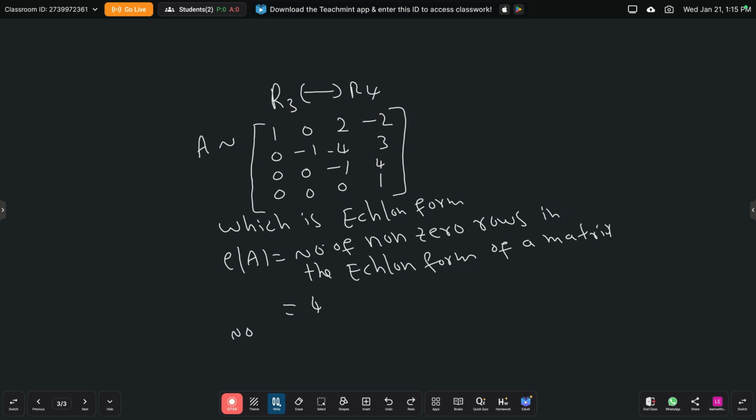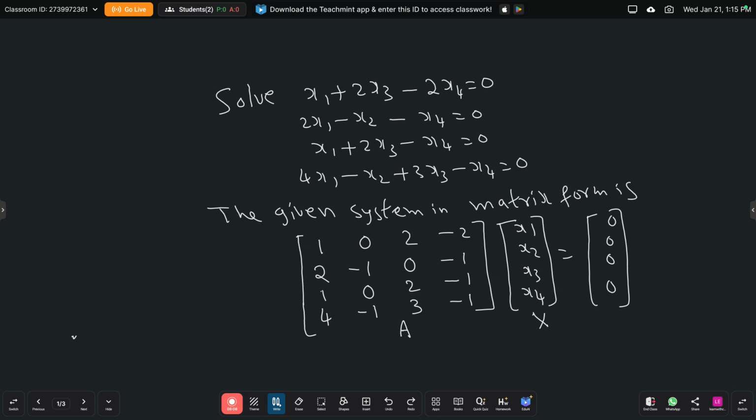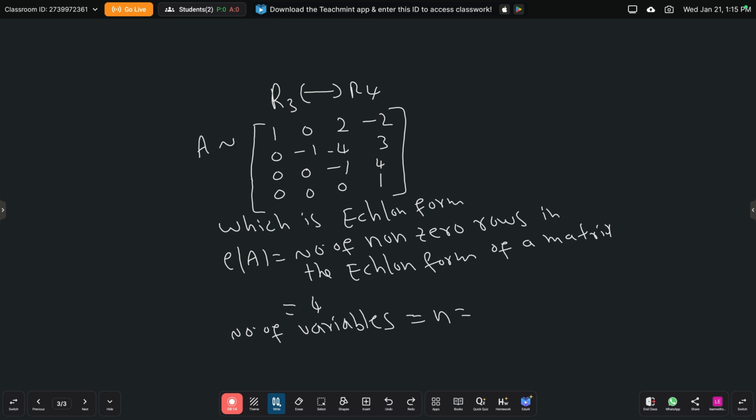Coming to the number of variables, which is denoted with n, look at the system. The system has 4 variables x1, x2, x3, x4, so the number of variables n is also equal to 4. Therefore rank of A is equal to n, the rank of the coefficient matrix is equal to the number of variables. Therefore the system has only the zero solution.